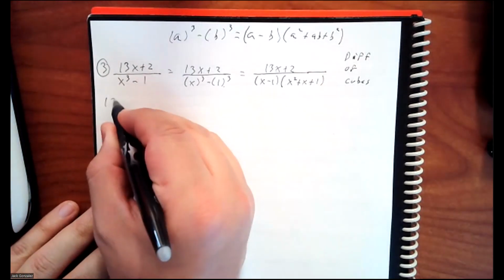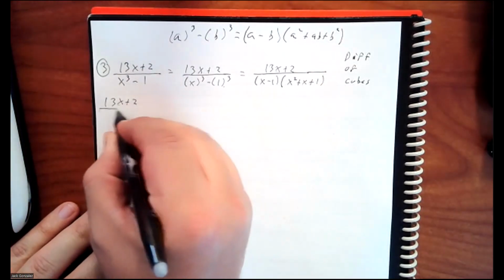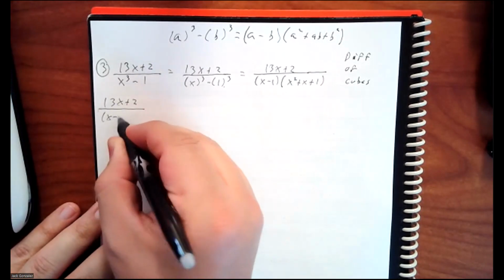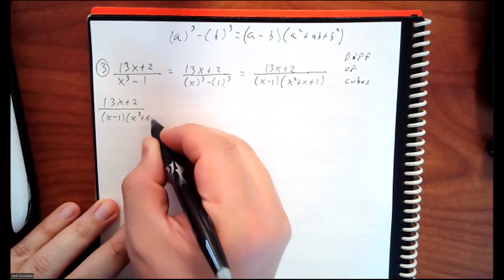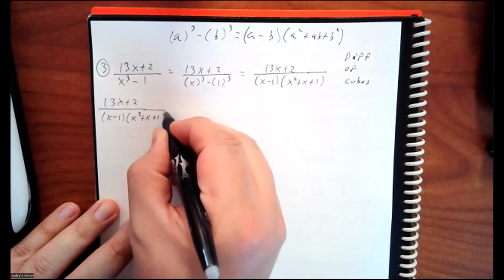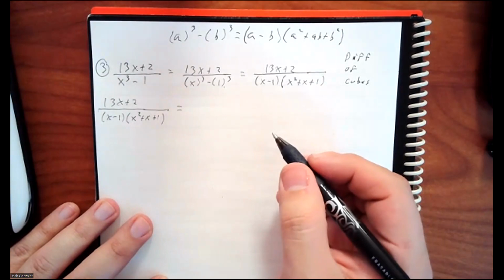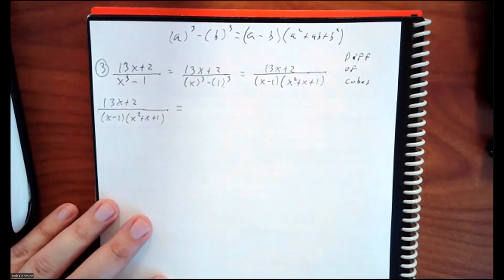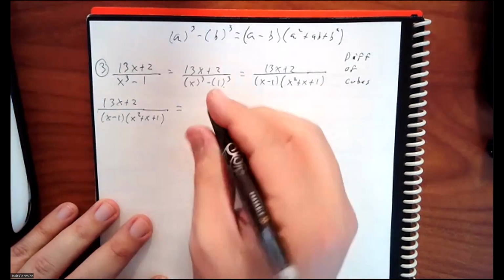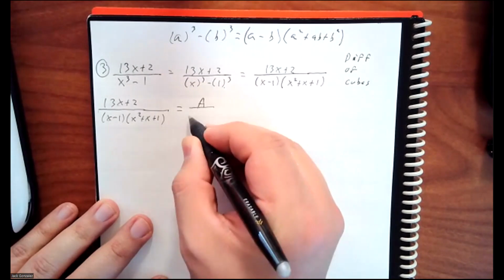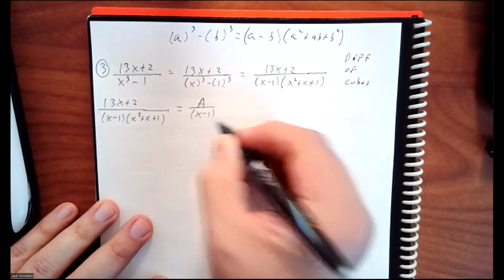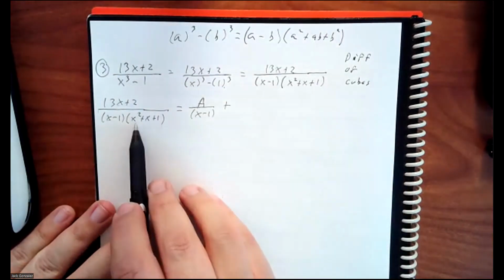So now we do the setup for partial fractions. So the first one is a linear distinct factor, right? But what are you gonna put on top of this one?